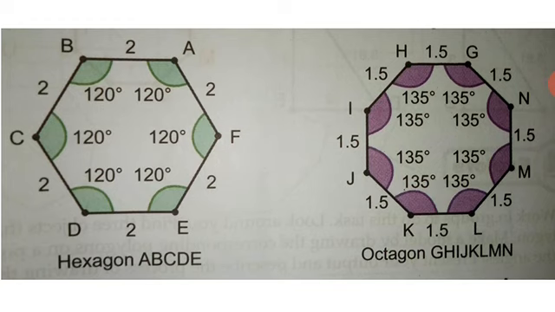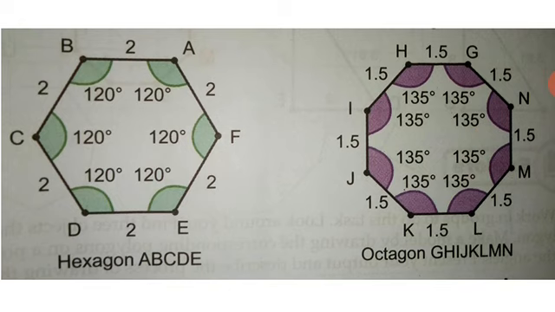So next is regular polygon. When you say regular polygon, all the sides and angles are congruent. So this is an example of a regular polygon because all the sides are the same in length as well as the angles. This one is an example of a regular polygon as well as this octagon, because the side is 1.5 and all the interior angles are 135 degrees.